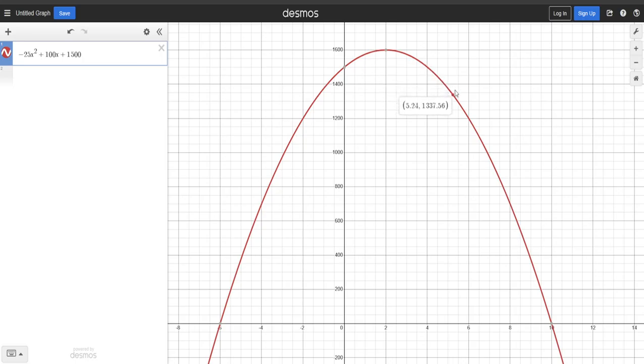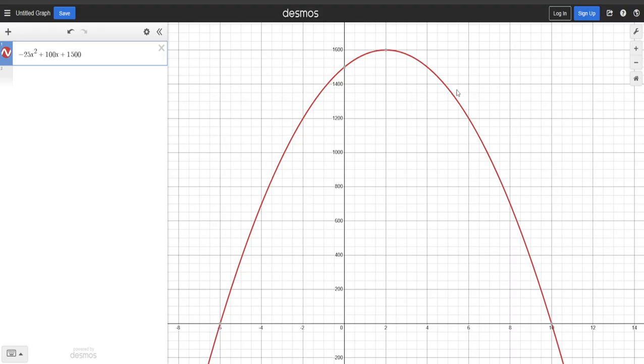So I am looking for when the y value is 1,375. And right there, I see it. So that point is at 1,375.